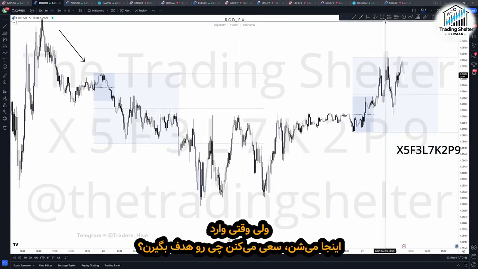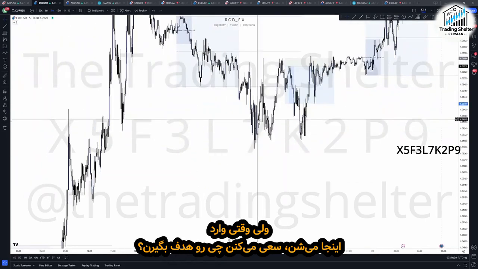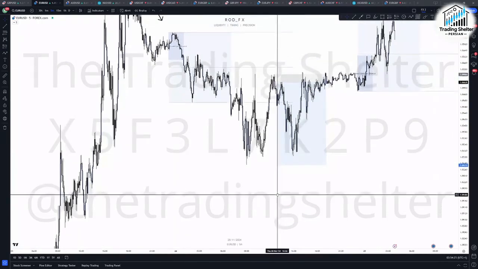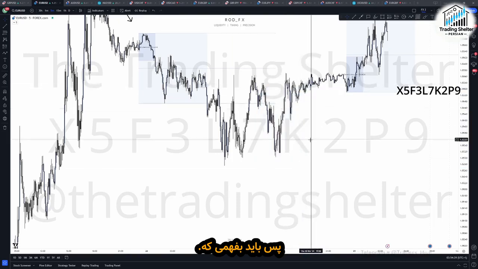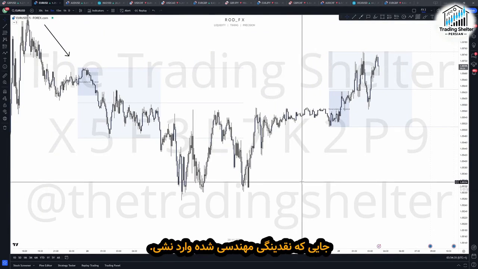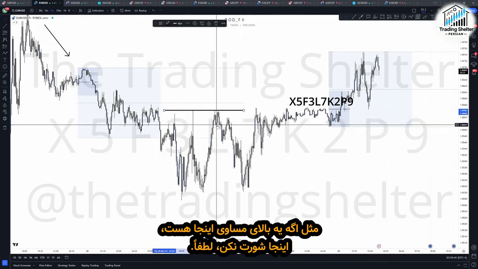But then when they enter here, they try to target what? This thing here or this thing here, right? So you need to understand that you position yourself with the liquidity, but don't enter where the liquidity is engineered. Like if there's equal highs here, don't enter short here, please.